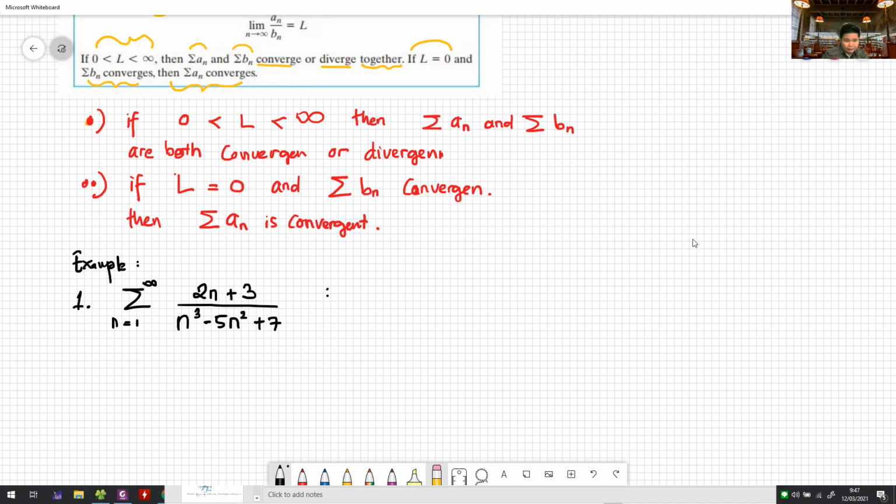We will use the limit comparison test to test this. If you look at it, what is the power here? 1. And here the power is 3.